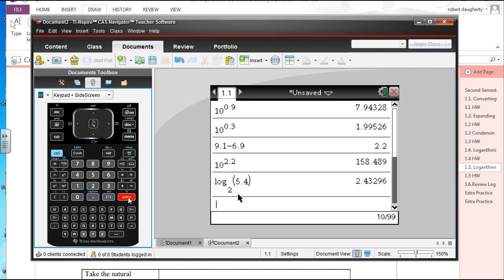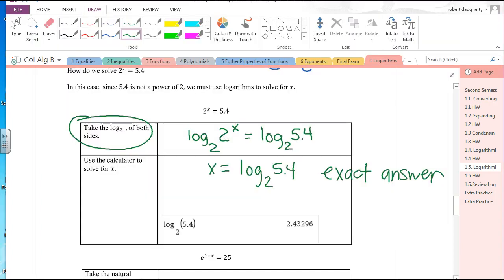This only does log base 10 and natural log. So you have to have the TI Inspire for this, because it allows you to do other bases. So x is 2.433. Okay, that's my approximation.